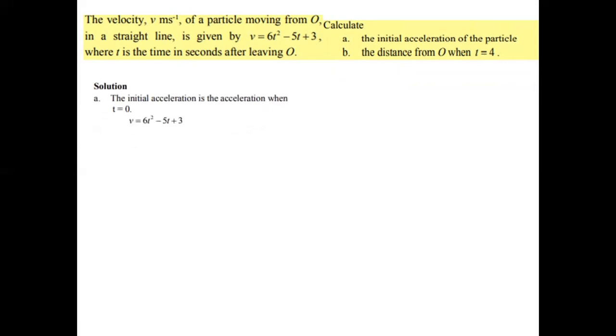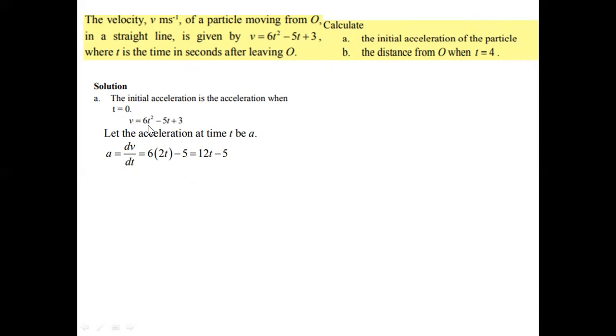Now, if we're going to proceed with this solution, the initial acceleration is the acceleration when t is equal to 0, and we are given the equation for the velocity in terms of time, 6t squared minus 5t plus 3. Now, let the acceleration at time t be a. Now, we're going to get the derivative of v with respect to time t.